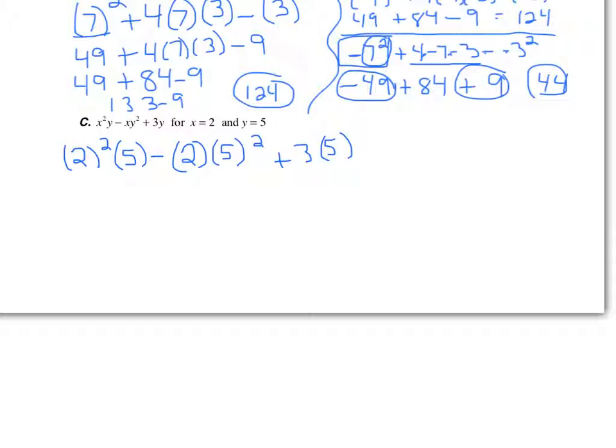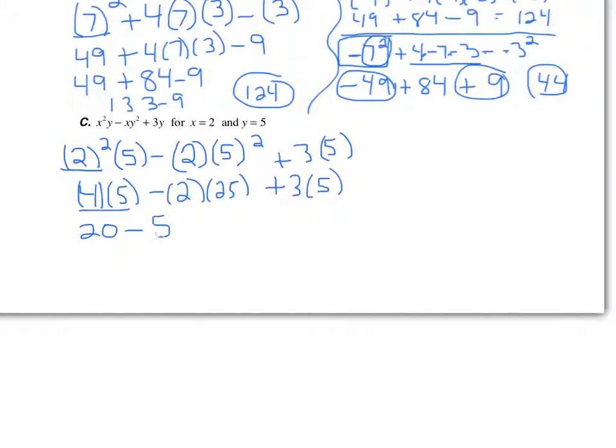So in that case, I have PEMDAS, so exponents first. So we have 2 squared, which is 4 times 5, minus 2 times 5 squared, which is 25, plus 3 times 5. So I did all my exponents. Now I can go multiplication, division. So multiplication, 4 times 5 is 20, minus 2 times 25 is 50, plus 3 times 5 is 15.